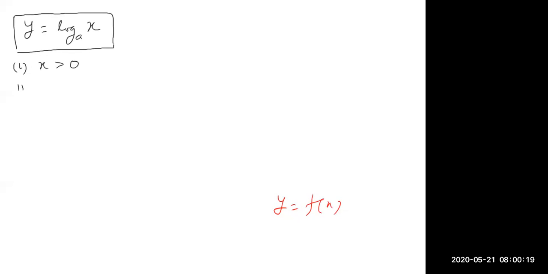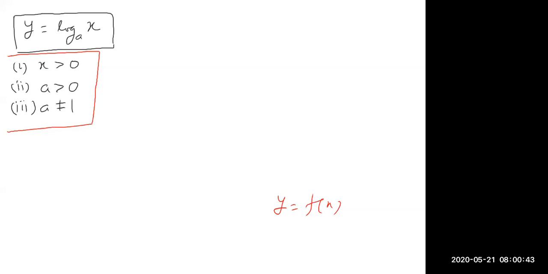Second, base must always be positive. And third condition is base can never be equal to 1. So note down these three conditions with log. Whenever we are writing log, these three conditions must be there always.